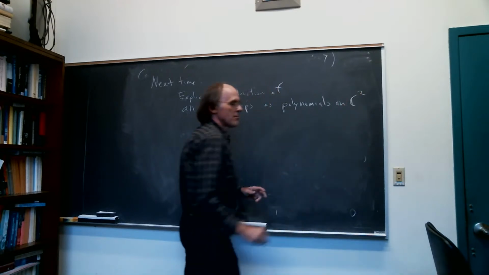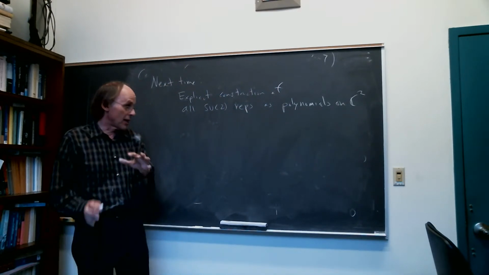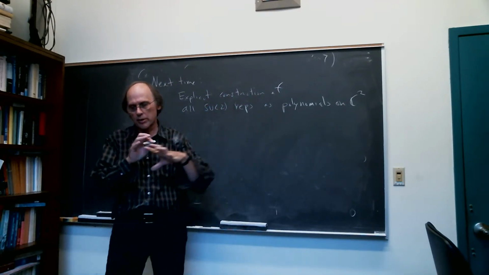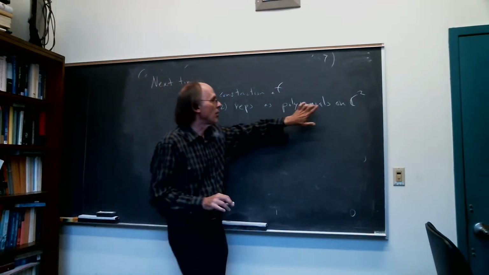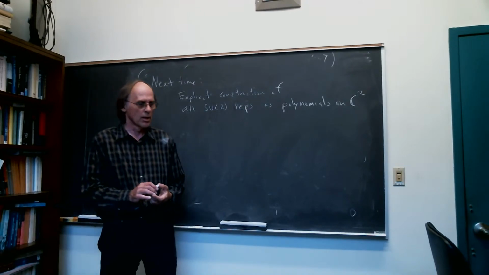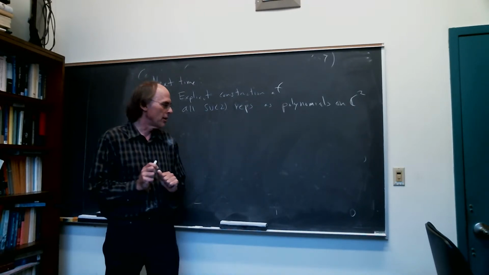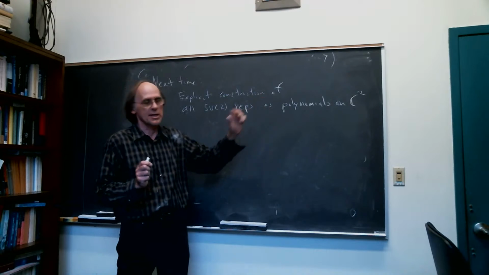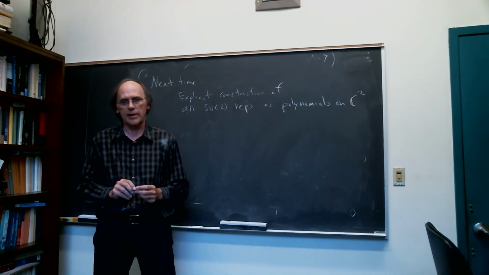If you look at it, it turns out you can very, very explicitly relate all these representations to polynomials on C2, and the irreducible representations are going to be on homogeneous polynomials of a fixed degree. So we'll explain that next time.